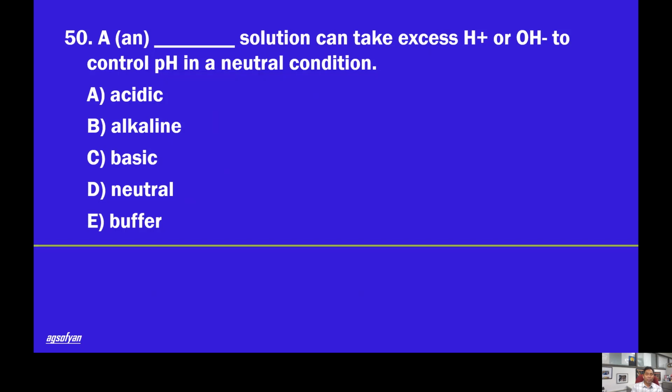Choose your answer. Yes, the answer is buffer. So buffer is a solution that is able to take either excess hydrogen ions or excess hydroxide ions to control the pH within normal condition or neutral condition.